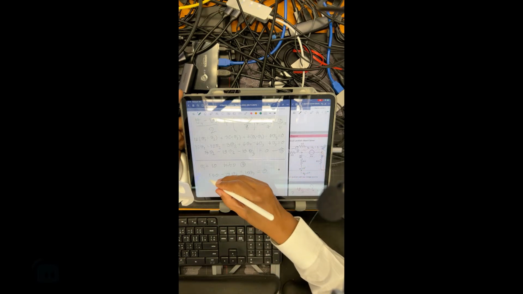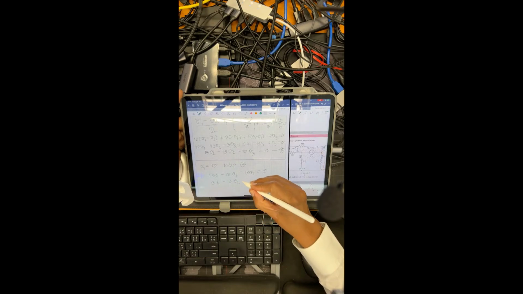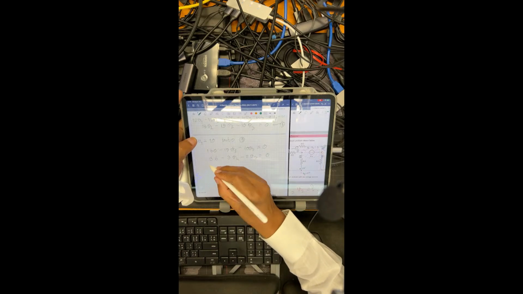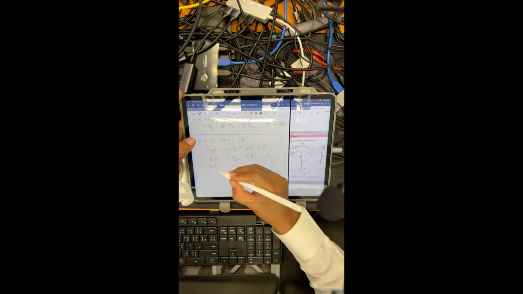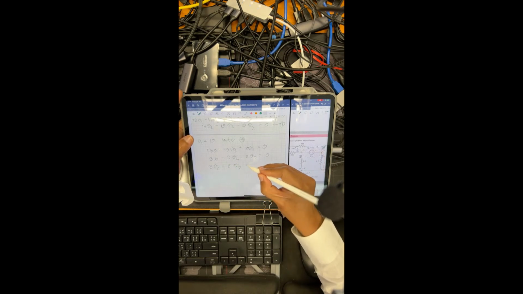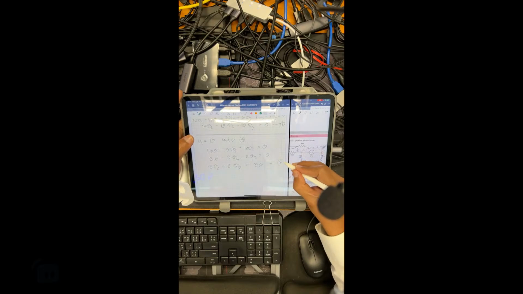It's going to be 36 minus 3 V2 minus 2 V3 equals 0. We move this term to the right hand side. It's going to be 3 V2 plus 2 V3 equals 36. That's the fourth equation.